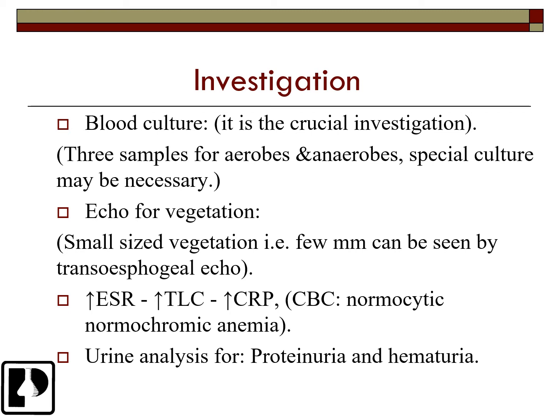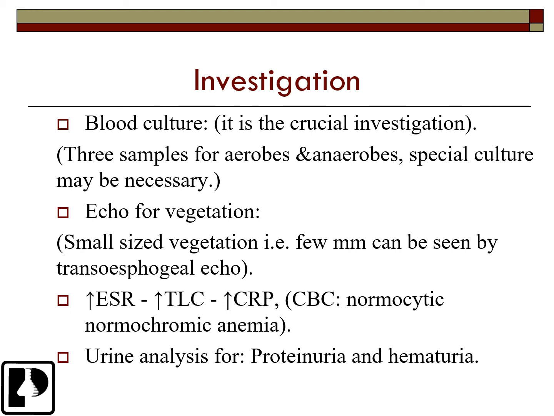So, what investigations can we do to diagnose this patient? Blood culture is a crucial investigation. Three samples for aerobic culture, and special culture may be necessary. Echo for vegetation: small vegetations of a few millimeters can be seen by transesophageal echo.